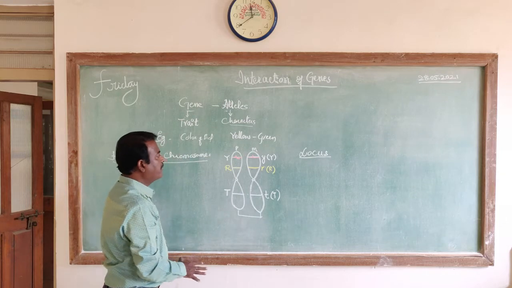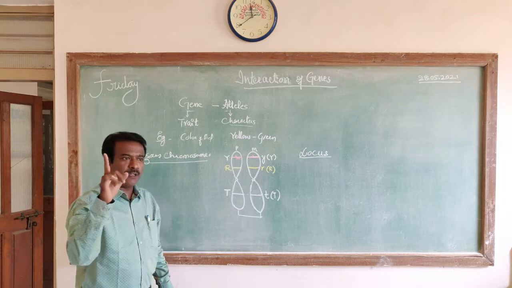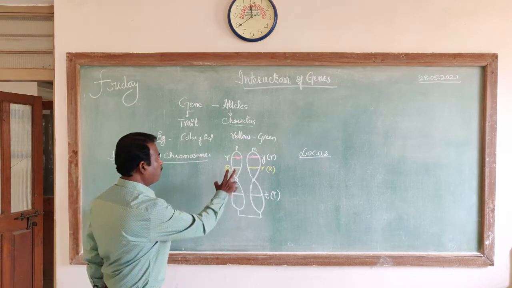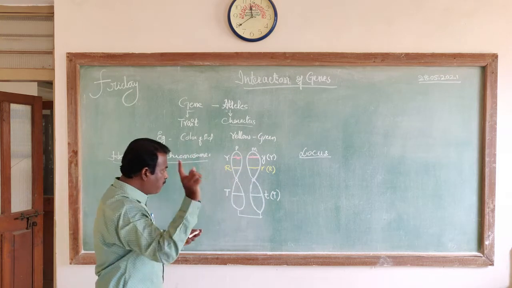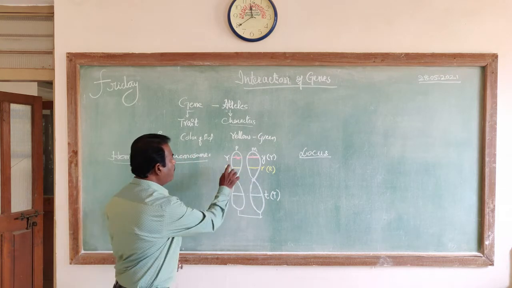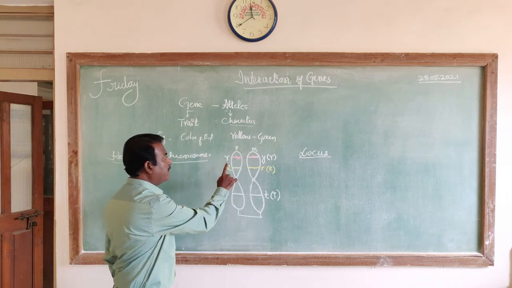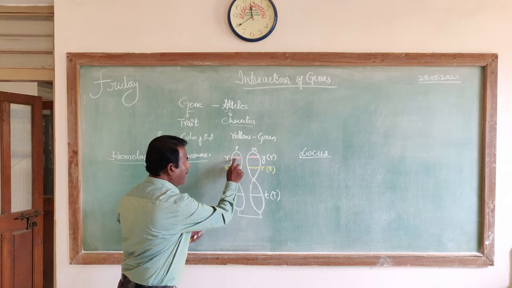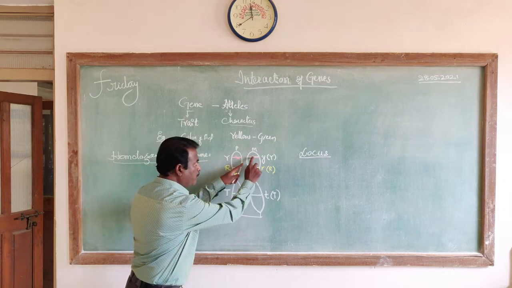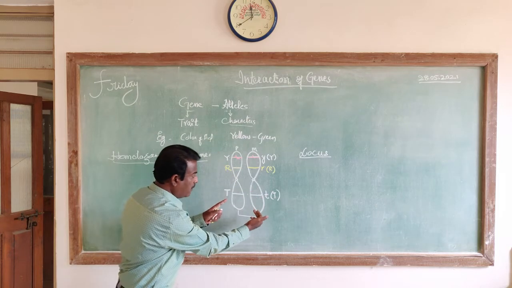Look at it. This is exactly how, for each gene to express a particular character, we find two alleles belonging to the same locus. If the position of the alleles for expressing color of the seed is second position on the paternal chromosome, on the maternal chromosome it must also be the second position, not the first or third or 10th or 11th.